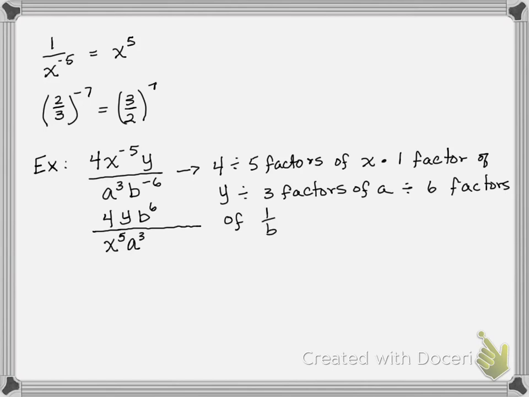And dividing by 6 factors of 1 over b is the same as multiplying by 6 factors of just b. Questions?